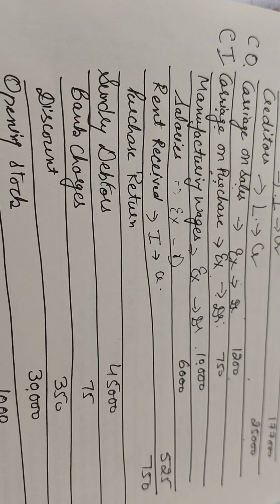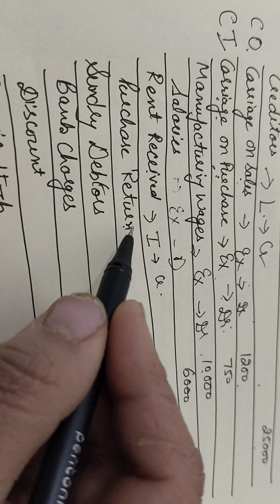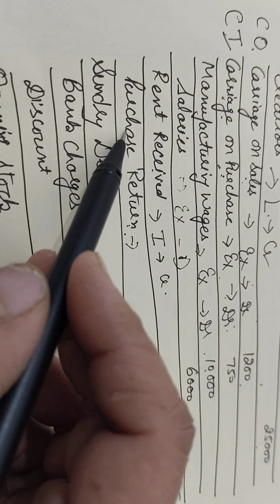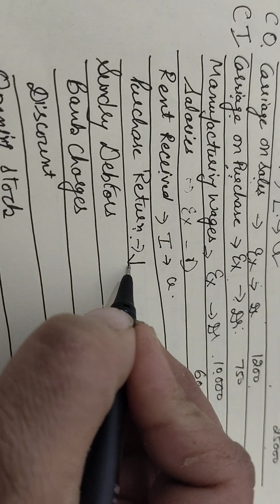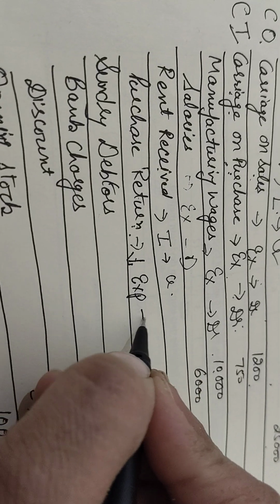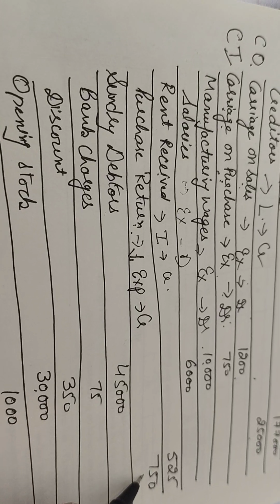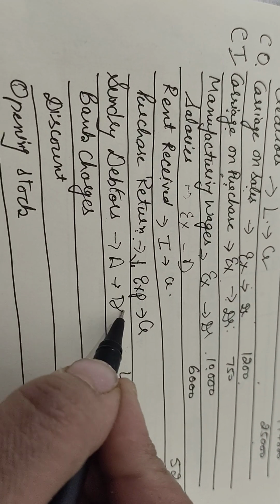Then we talk about purchase return. Purchase return is, you can say, a reduction in expense. Purchases are an expense, purchase return is a reduction in expense. So when there is something which is reducing your expense, it should be credited, so purchase return is credited. Sundry debtors are your assets, so they should carry a debit balance.